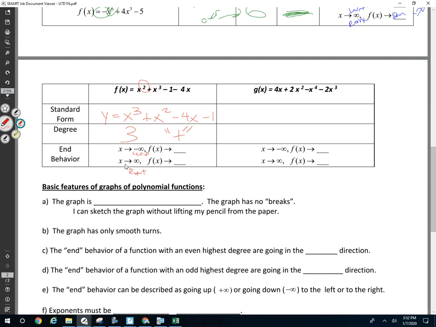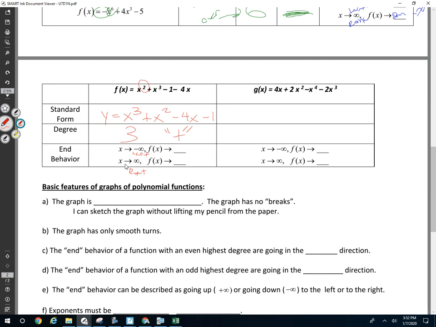I'm walking around to see if everybody is going to get this right. If I have x cubed and it's a positive number before x cubed, my degree is 3. That is the one thing that's going to dominate what this polynomial looks like. What is my graph going to look like all the way to the right and all the way to the left? What is the end behavior, which is always common with all of your odd functions?